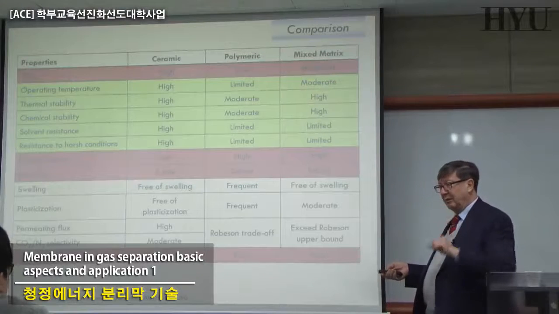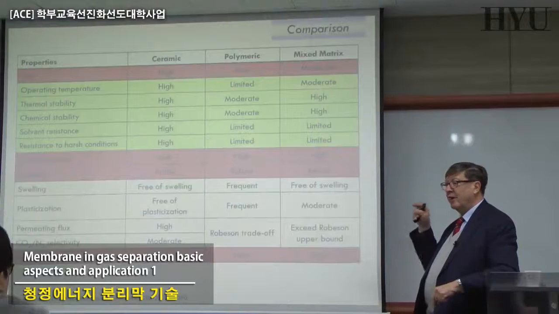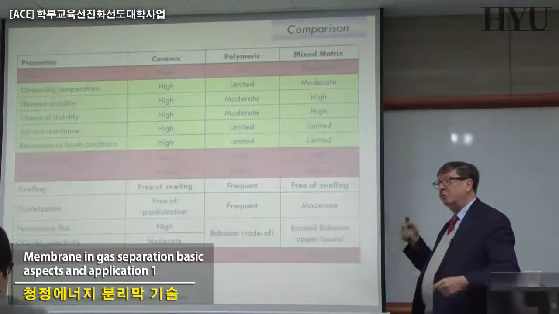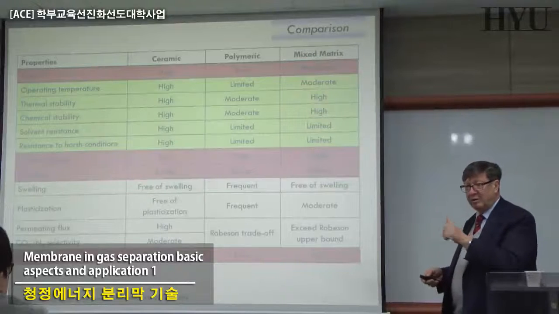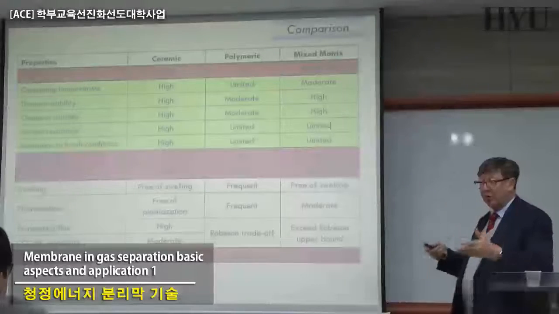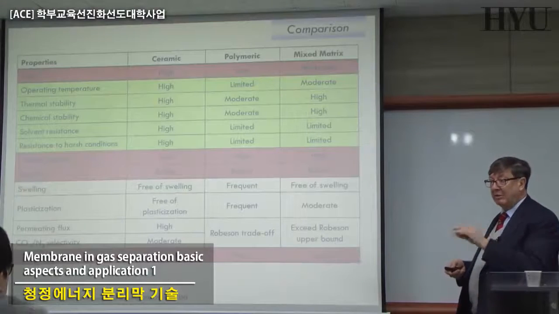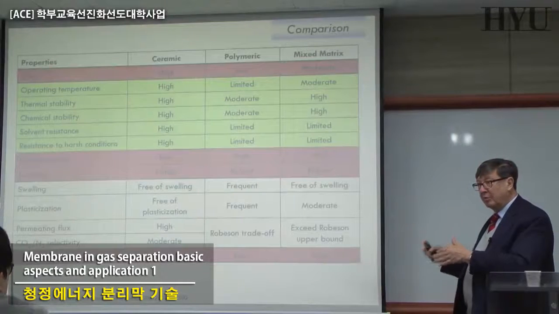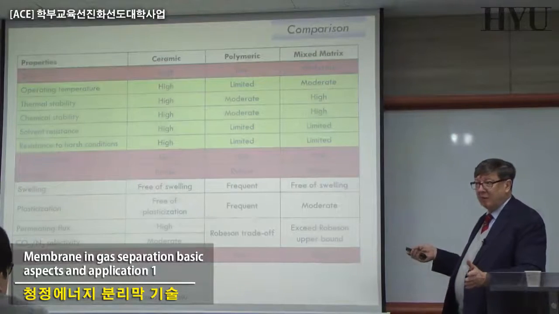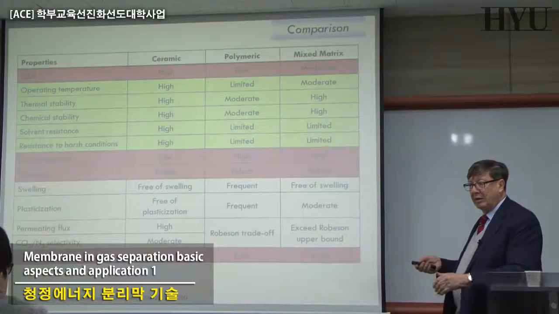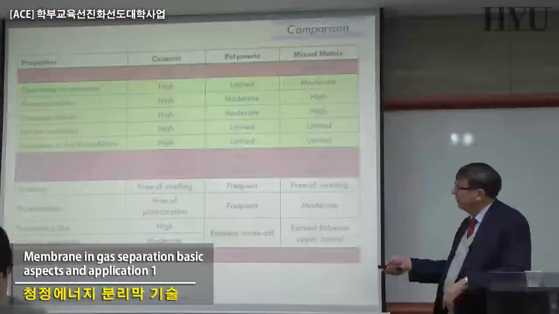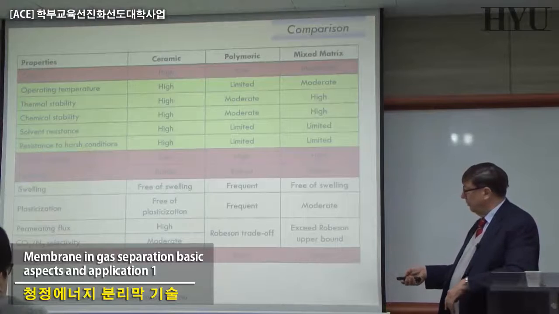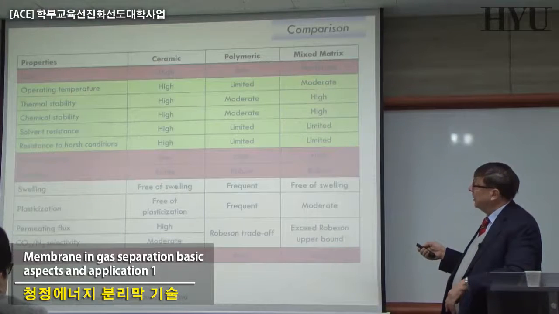If there are any defects, you can identify which fibers, which part of the tube is broken, and plug, block it. Eventually you reduce the overall surface available, but you don't have to destroy the module. With the ceramic, if it's broken, it's broken, and there is no way that you can solve the problem. So it is a very complicated problem, easy in the polymer, easy also with mixed matrix.